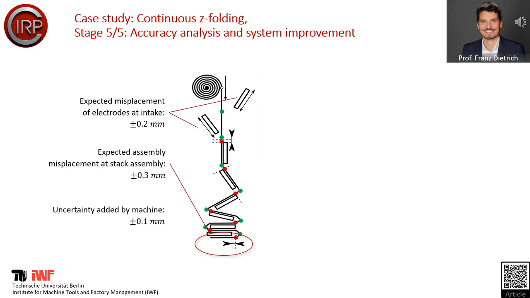So after this data, we predicted that the machine would add an uncertainty by 0.1 millimeter at the assembly output. This was based on a Monte Carlo simulation that we've made on the basis that at the intake, the misplacement would have 0.2 millimeters and the expected assembly misplacement at the stack assembly would be 0.3 millimeters.